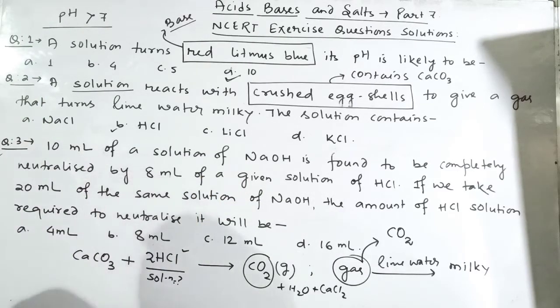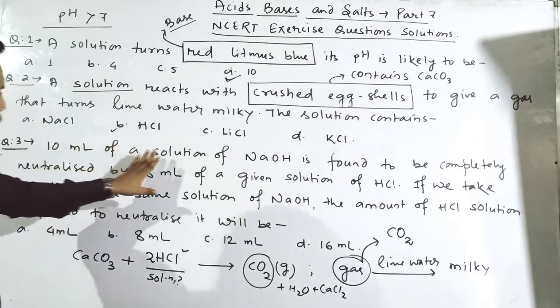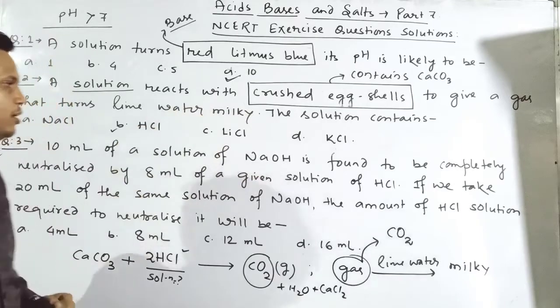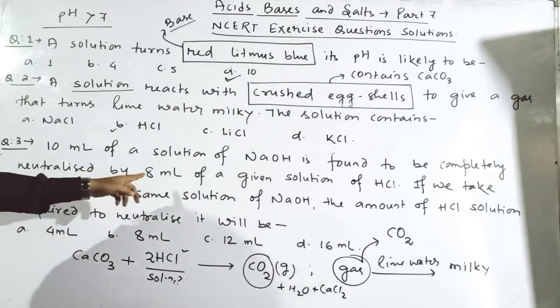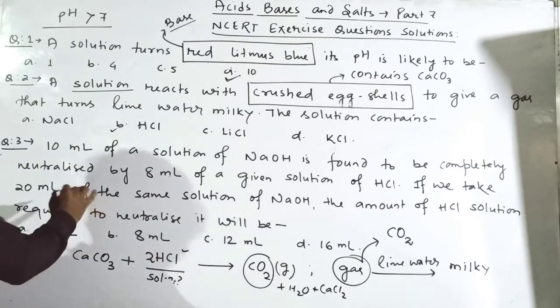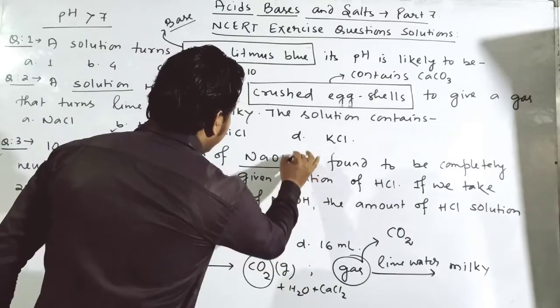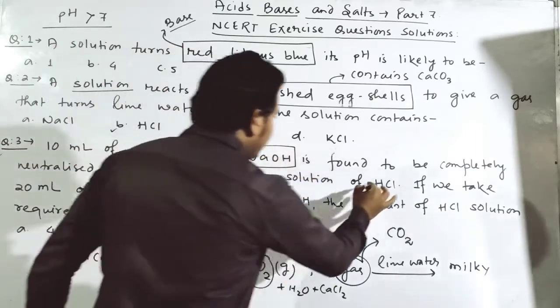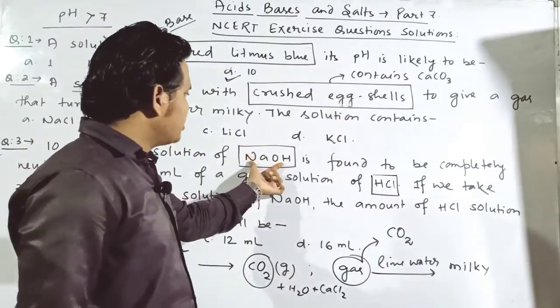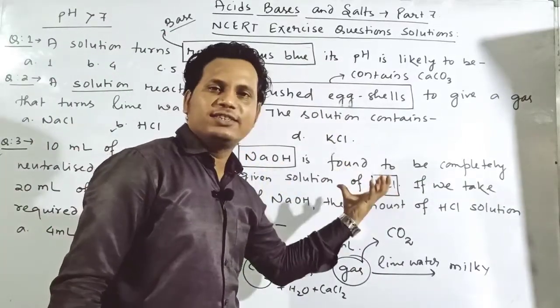Third is: 10 ml of a solution of sodium hydroxide is found to be completely neutralized by 8 ml of a given solution of HCl. Now see, one is given sodium hydroxide, the other is given hydrochloric acid. We know that NaOH is a base and HCl is an acid.